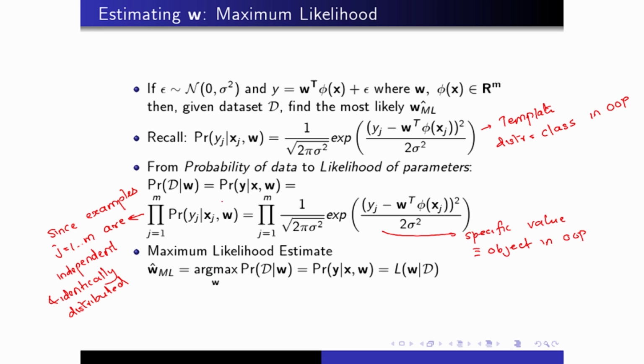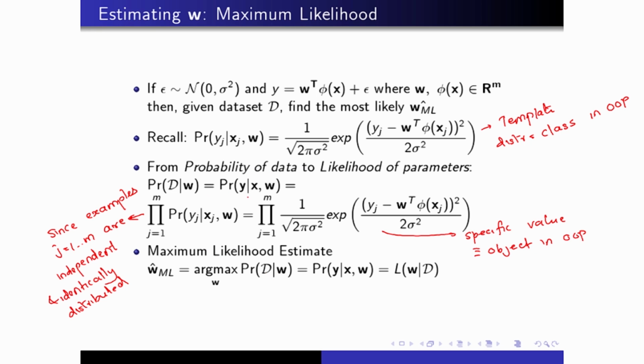Now what is known here is the data and not W. However, what we want to do is find the W. So W is the variable or unknown. So maximum likelihood flips the view of this probability estimate, probability of data, and views it as likelihood of parameters.